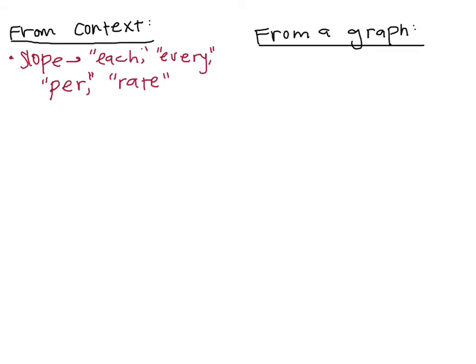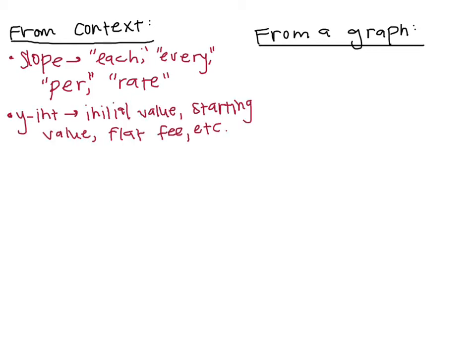So if I had something like $3 for each apple, $2 for every sale, 5 miles per hour. Those are all kind of low numbers, not necessarily accurate, but they represent the slope or the rate of change. To find the y-intercept, we need to look for the initial value, starting value, a flat fee, something along those lines.